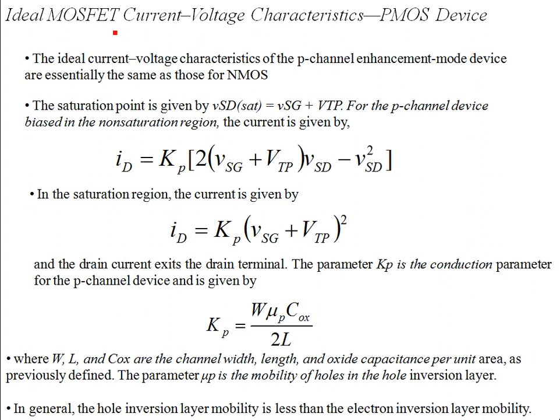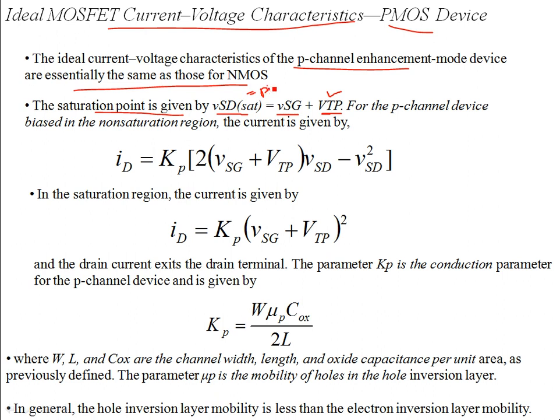So the ideal MOSFET current characteristics are very similar to the NMOS device. For the P-channel enhancement mode, it is essentially the same as that of NMOS. Then there is a point at VSD saturation, which is VSG plus VTP, so a point comes when VSD minus VSG is VTP. At this point, you call this VSD the pinch-off voltage.